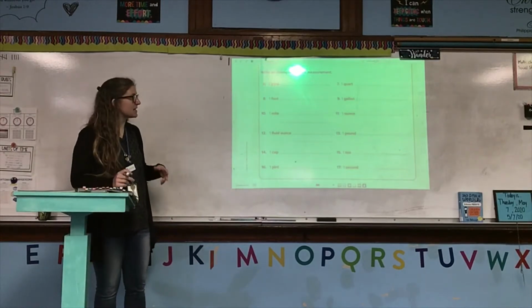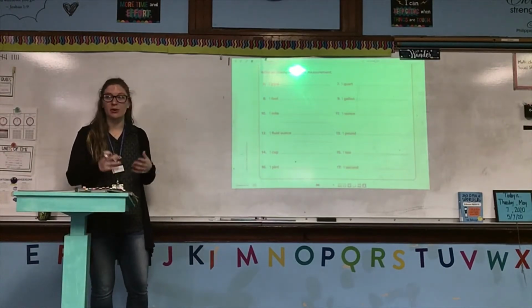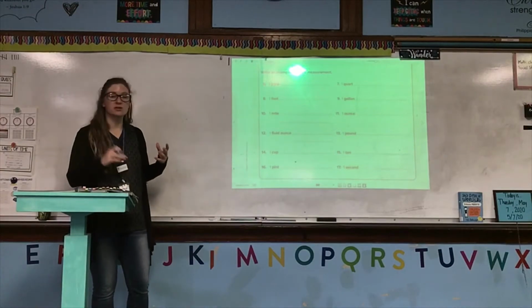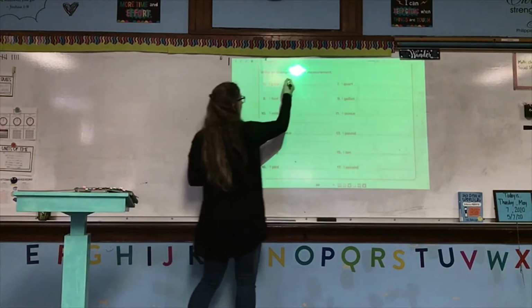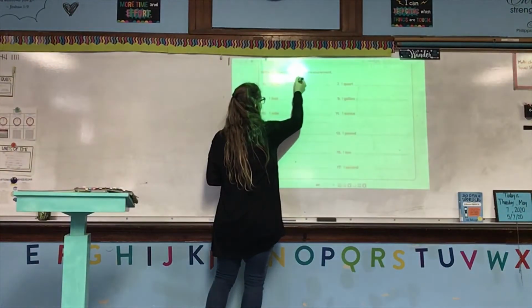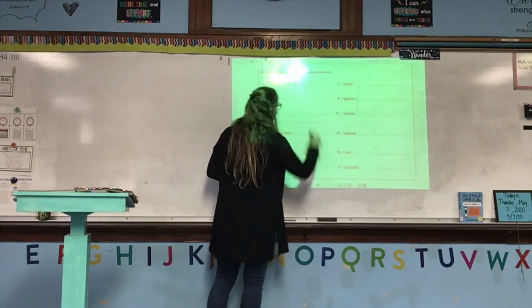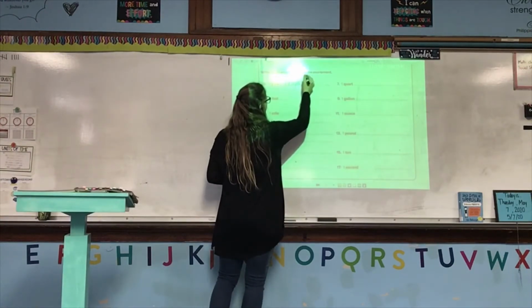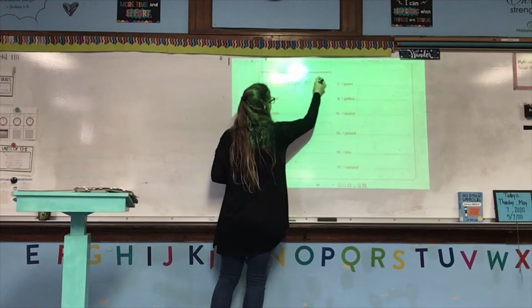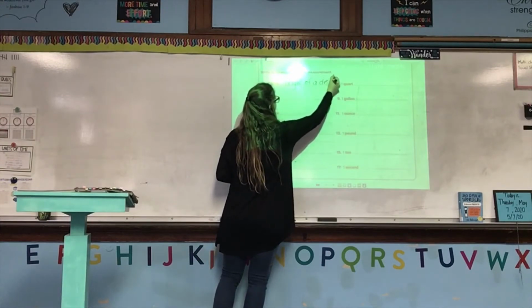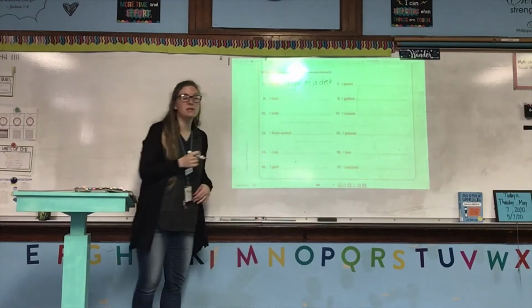So number 6 is 1 yard. So we're writing an example of something that measures 1 yard. And my example is the height of a desk. So you probably don't have that.